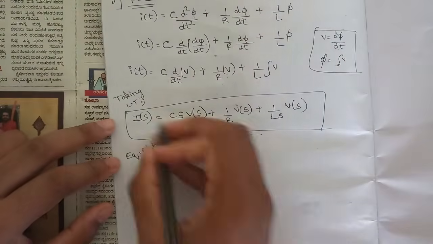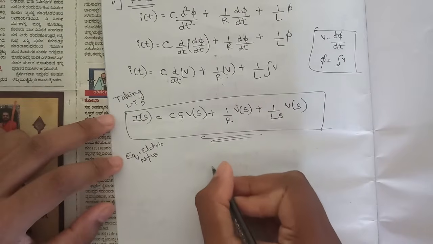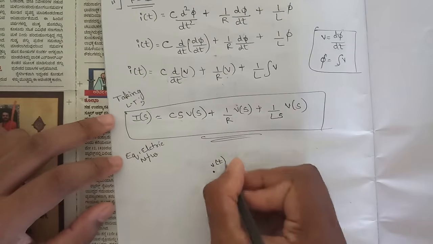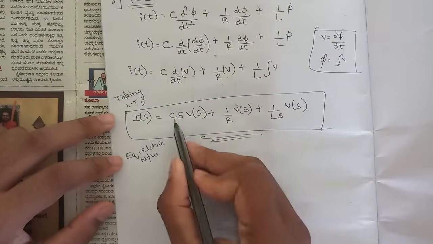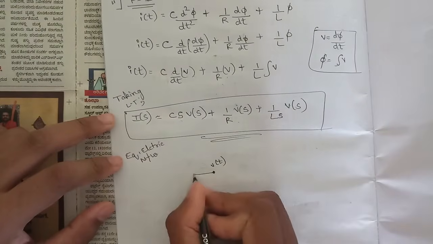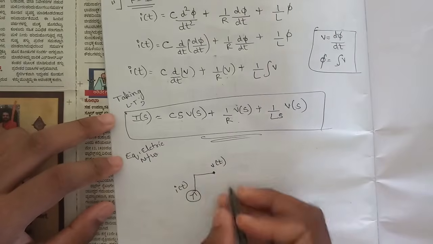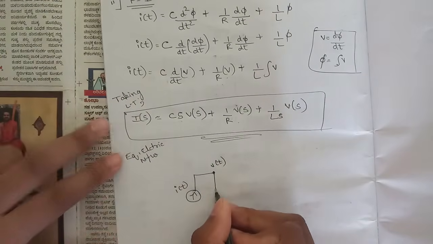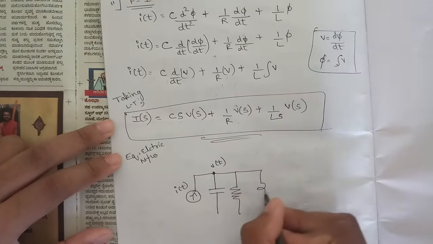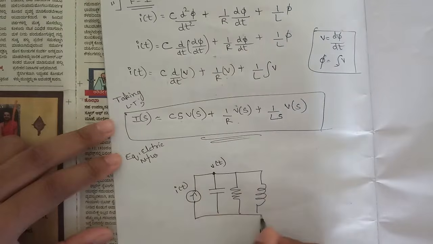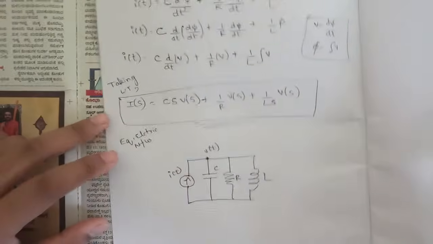Since we have only a single voltage, that is V of t, consider that node and write it as V of t, and along with that we have all the components such as L, C, R in parallel. So first we need to build a current source, name it as I of t, and first one is capacitance, then resistance, inductance, L, C, R in parallel. You can build it in any such manner.